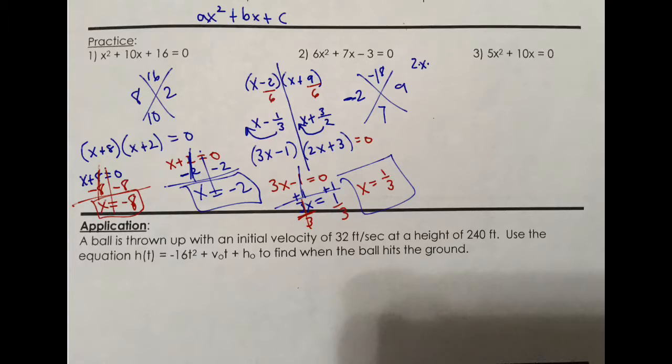2x plus 3 equal to 0. We want to minus 3. That cancels. That leaves a 2x is equal to negative 3. Opposite of multiplication is division.